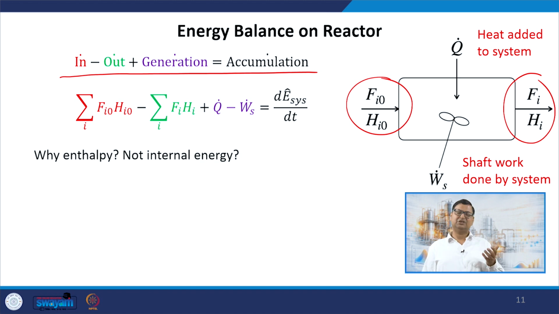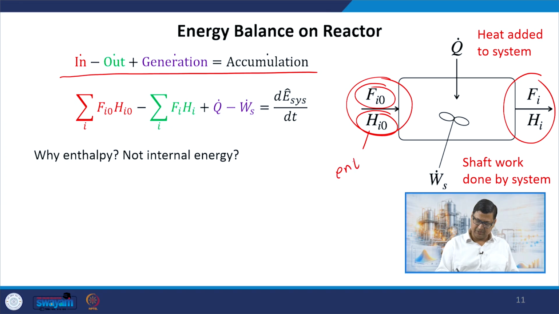The way to account for that is to express the energy of the feed stream as the molar flow rate multiplied by the enthalpy per unit mole of the incoming stream, that is Hi naught, and the same thing for the outgoing streams, the enthalpy per unit mole.